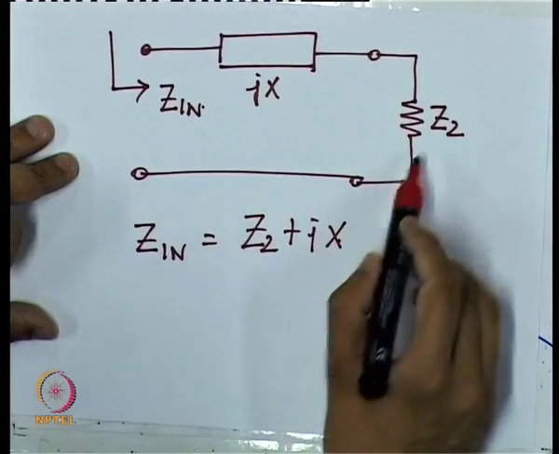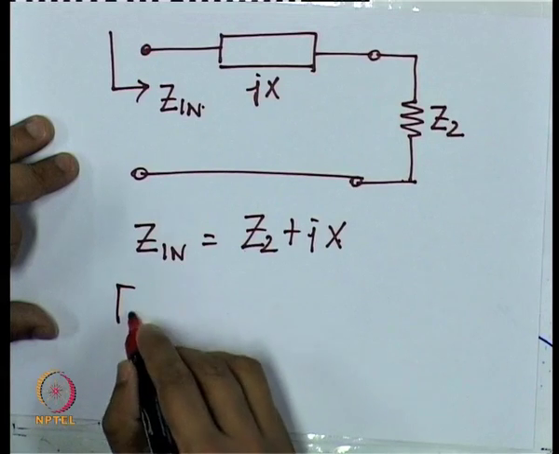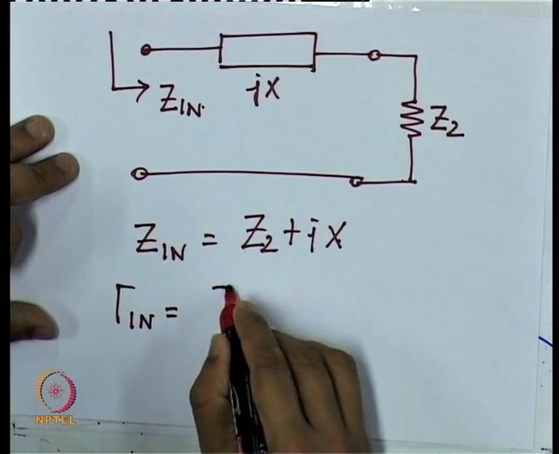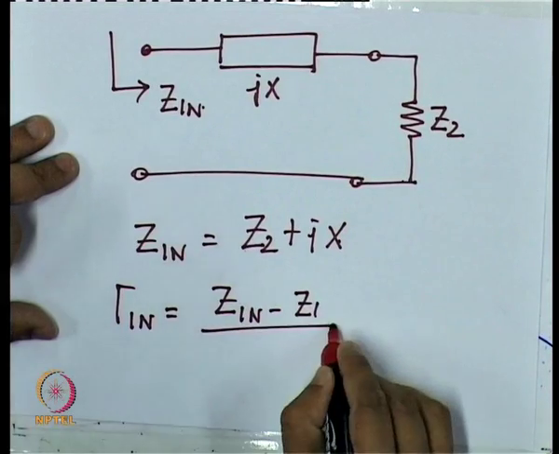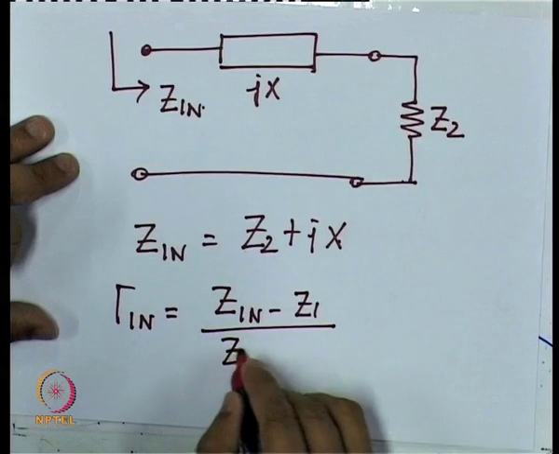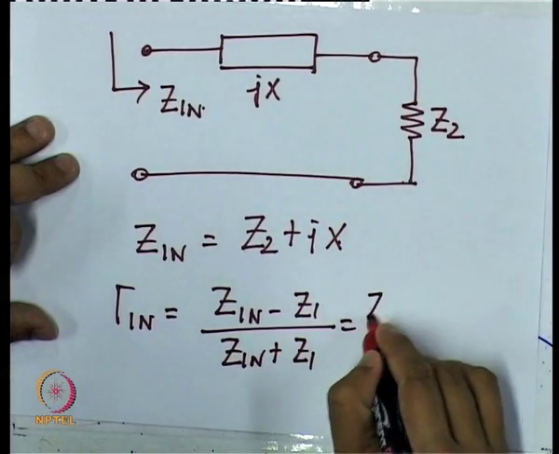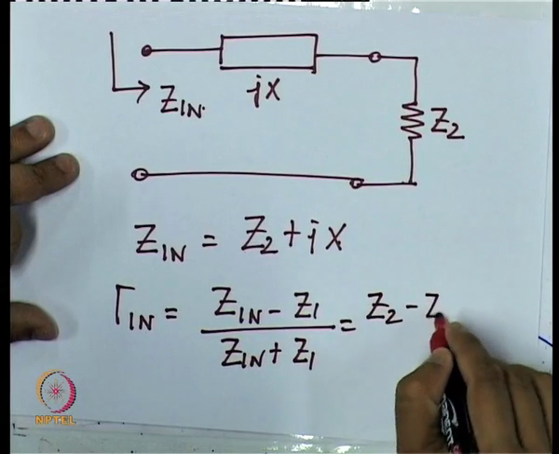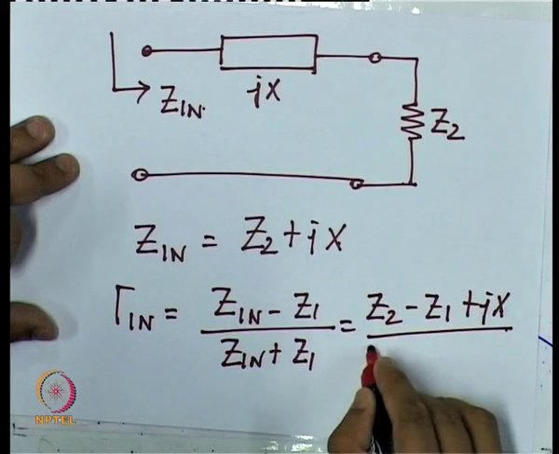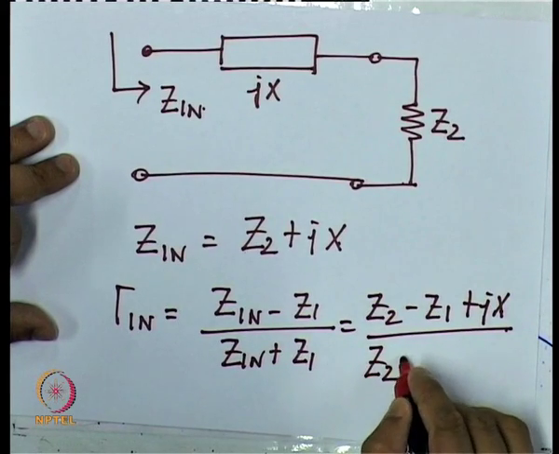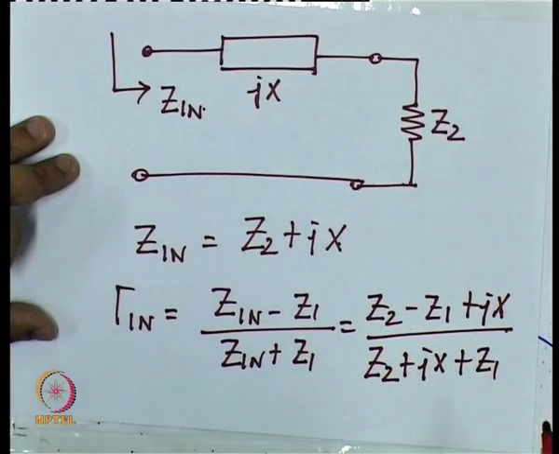This is the value of Z in, because Z2 is in series combination with Jx. Therefore, gamma in will be equal to (Z in minus Z1) upon (Z in plus Z1), which is equal to (Z2 minus Z1 plus Jx) upon (Z2 plus Jx plus Z1).